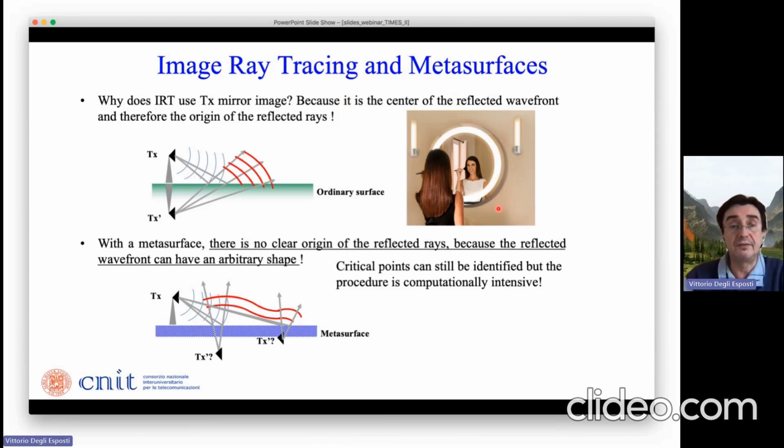But with a metasurface, there is no clear origin of the reflected rays because the reflected wavefront can have an arbitrary shape. There can be multiple images. And those images and the critical points on the surface can still be identified with some kind of iterative procedure, but the procedure is computationally intensive.